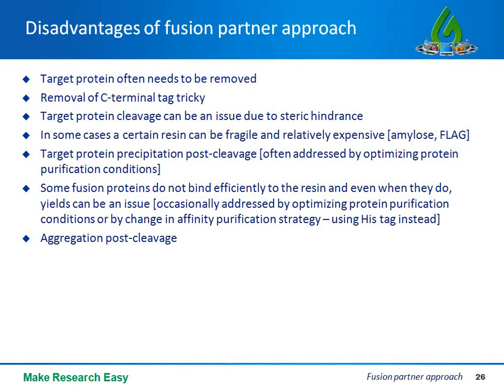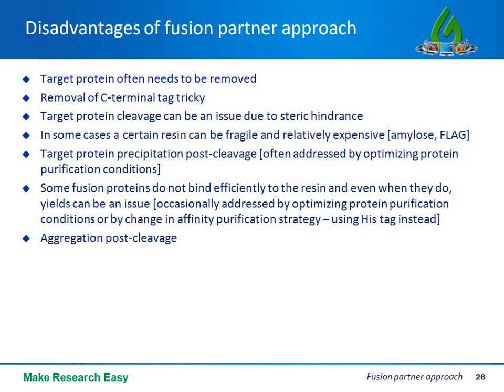And then what else? Target protein precipitation post cleavage. Now this can be an issue which can often be addressed by optimizing the protein purification conditions. And some fusion proteins do not bind very efficiently to the resin, and even when they do, yields can be an issue.